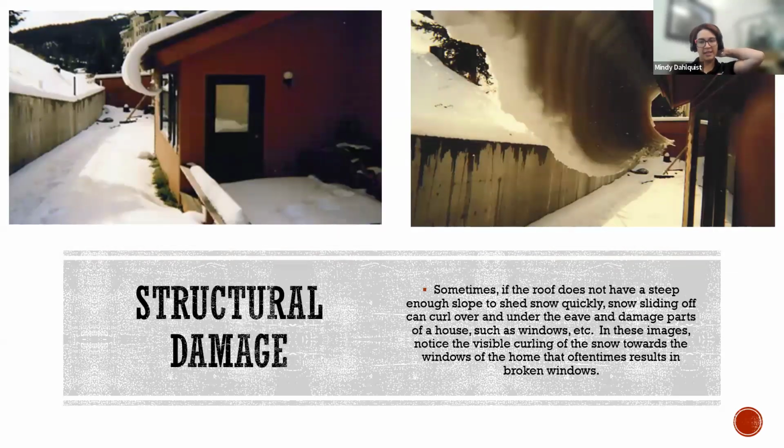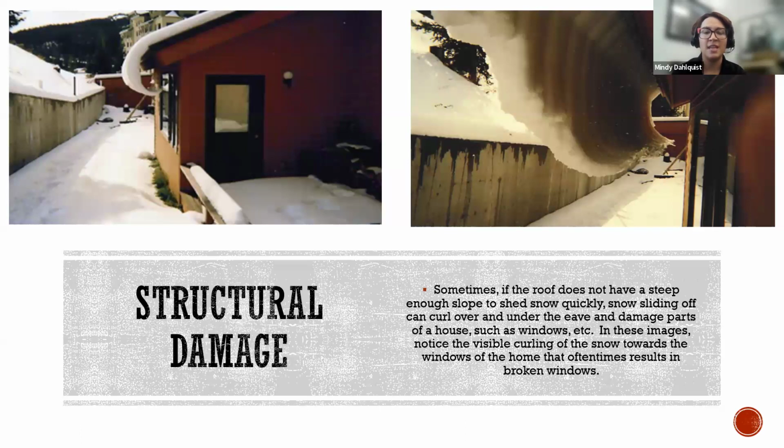What we're looking at here is structural damage. Something that's not usually taken into consideration is windows. So if the slope of your roof is not steep enough to shed that snow off quickly, the snow sliding off can actually curl underneath. What's happening is at the ridge of your home, up at the top, you have the majority of your heat loss. And as that heat begins to melt the snow and ice, it allows that water and snow to come back down towards the eave, and gravity also assists with that.